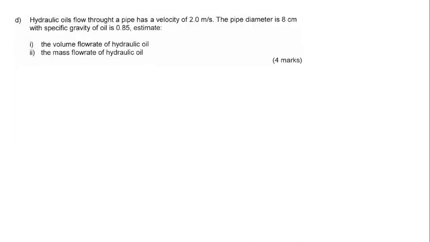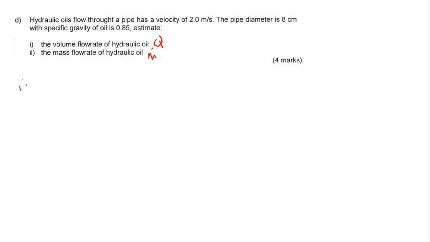Alright, next one. The hydraulic oil flows through a pipe with a velocity of 2 meter per second. The pipe diameter is 8 centimeter, and the specific gravity of the oil is 0.85. Estimate the volume flow rate. They need us to find the Q and also the mass flow rate m dot.